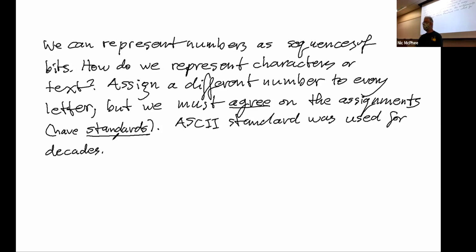So it basically did A to Z, uppercase and lowercase, the letters, the digits, and the standard US punctuation marks, and nothing else. So there weren't even ways to represent things that were fairly common in the Latin alphabet in other languages. So an N with a tilde over it in Spanish, C with a funny little tail under it in French.